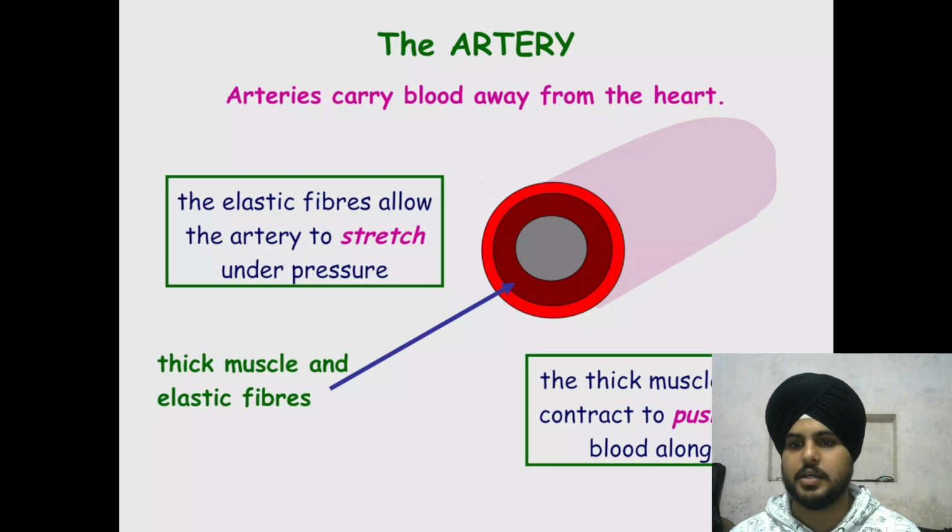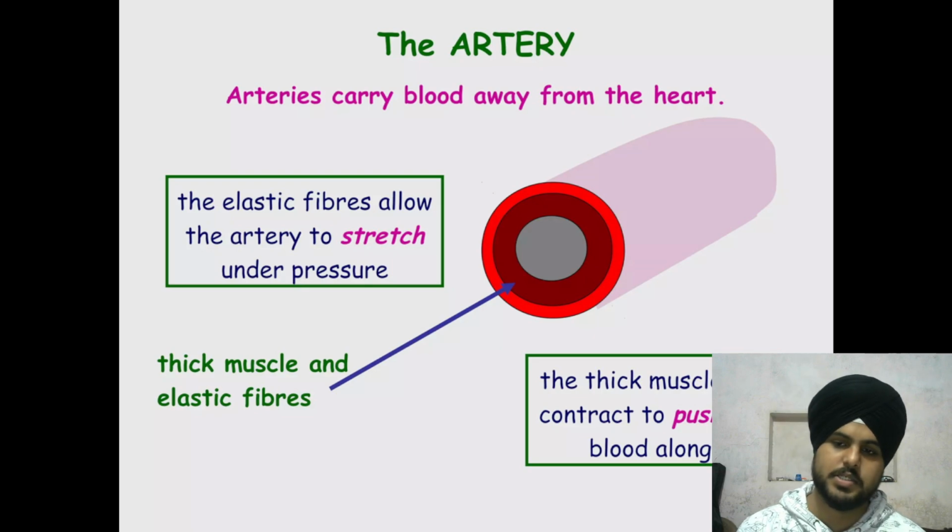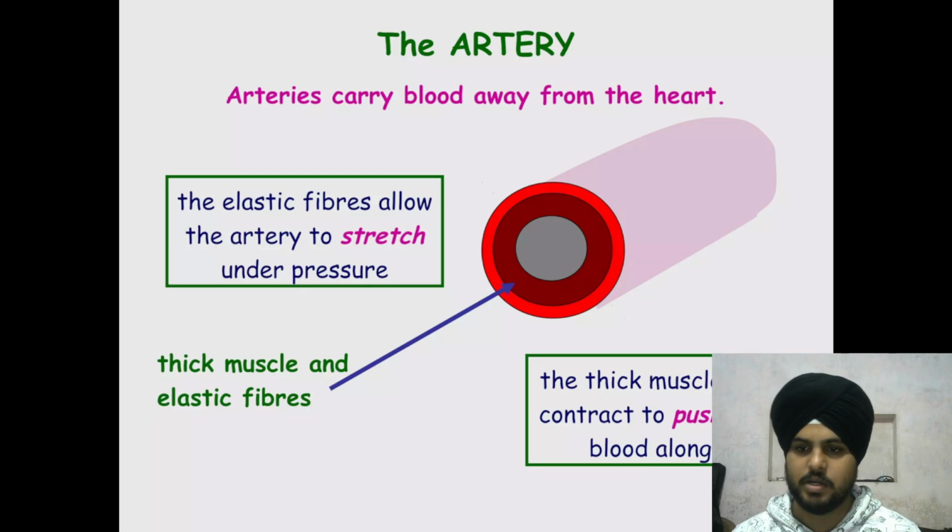See, here's the diagram, the thick muscles and elastic fibers. These allow the arteries to stretch when there is more pressure of blood. The thick muscles can contract to push the blood along, to make the blood flow throughout the body so that it doesn't stop flowing.